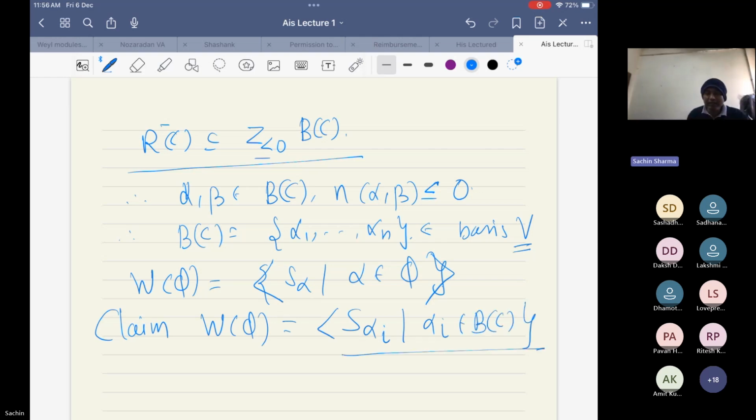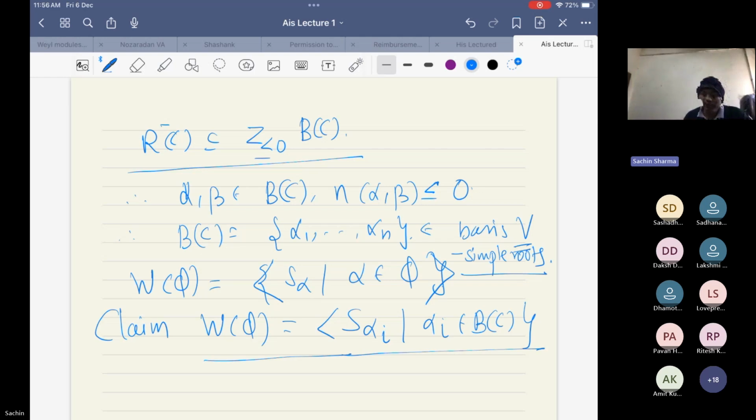So these indecomposable roots are also called simple roots. And this is very crucial.